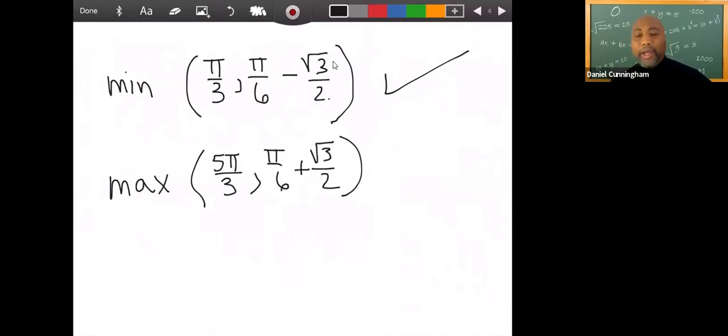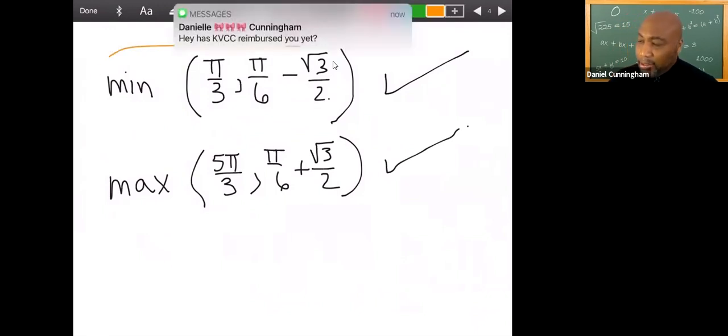Now, if you want to add and get common denominators and subtract, you can do that. We know the common denominator would be 6 for both the x and the y values. But for right now, I at least want to show you how to find the max and min of different functions. And so there's our max and min.